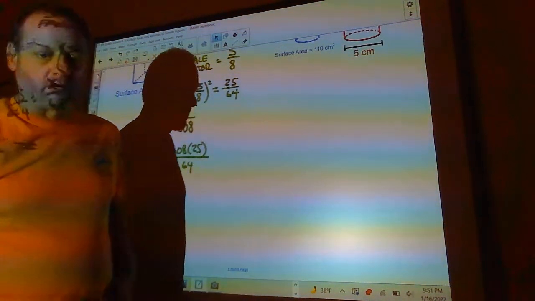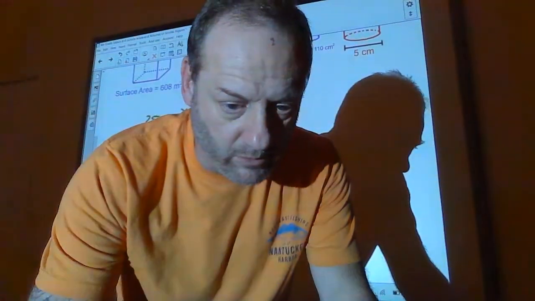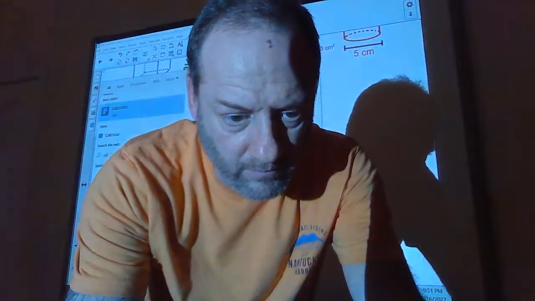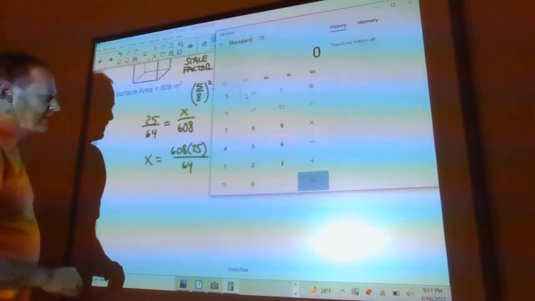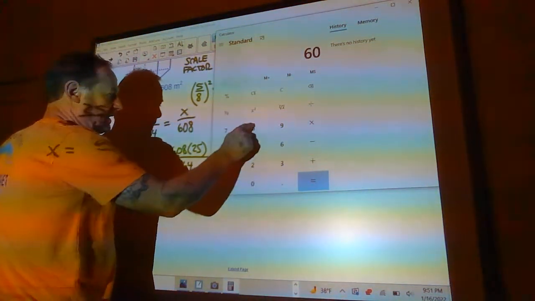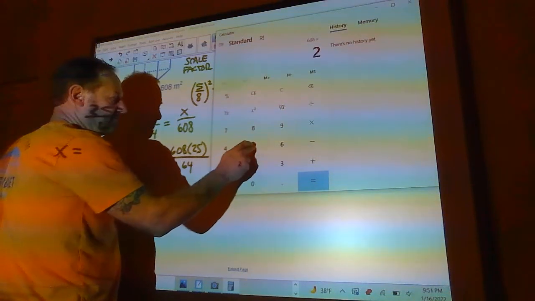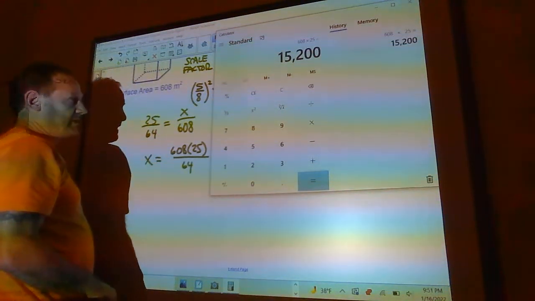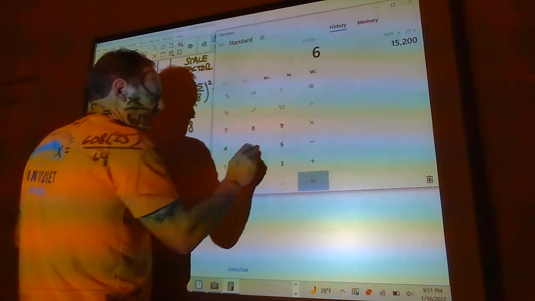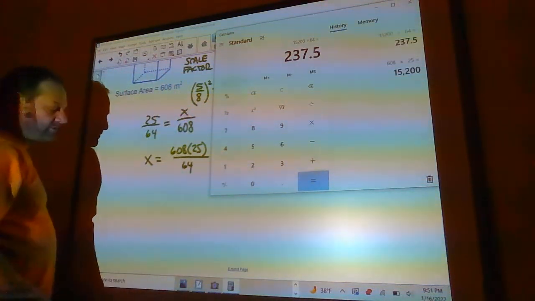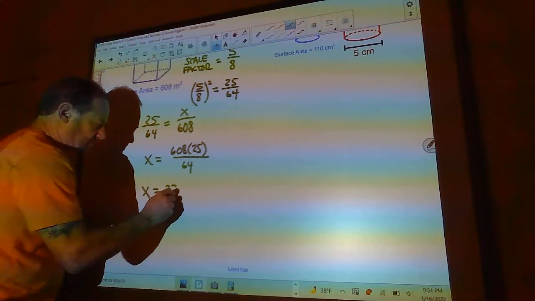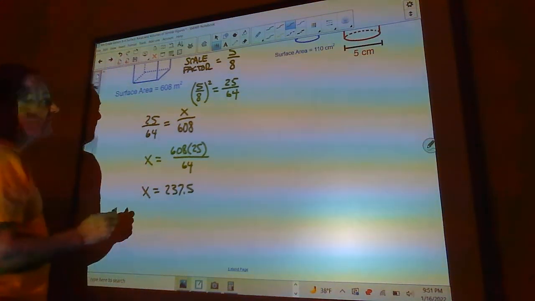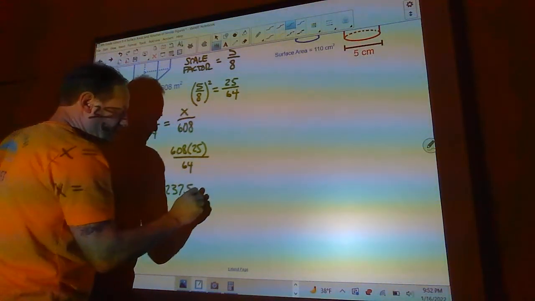So let's get out our calculator app here real quick. And we'll just figure this out here. So 608 times 25 is 15,200 divided by 64. So this is 237.5. So x is going to be 237.5, and this is going to be in square meters.